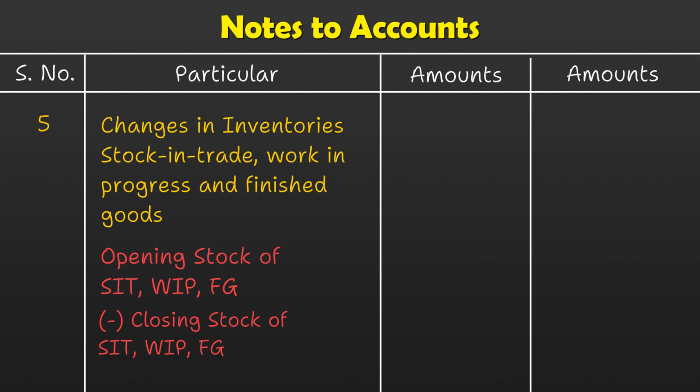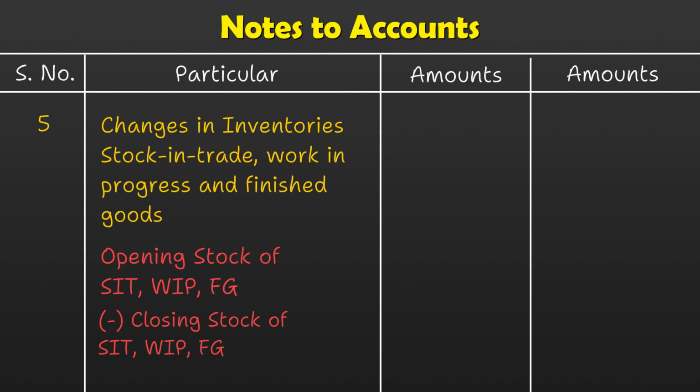So from the opening we would deduct the closing, and the amount which we get after deducting would appear under your statement of profit and loss in front of changes in inventories subhead. Clear? So with this we have completed the third subhead as well, which appears under your expenses head.